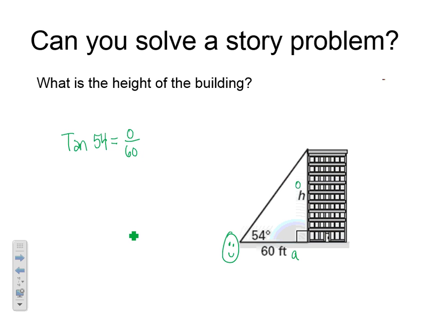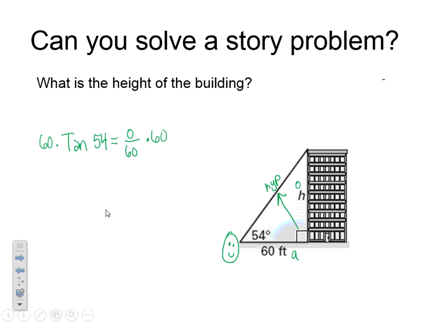Okay, so if I want to find that height, that's misleading. That H kind of makes it look like it's the hypotenuse, but remember the hypotenuse is right here. So this H is just standing for the height of the building. So that would be O. You could use X, you could use whatever you wanted. Multiply both sides by 60.